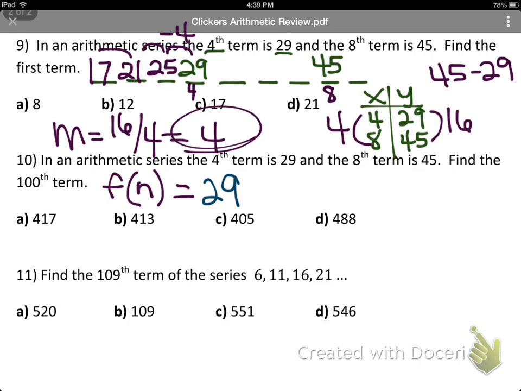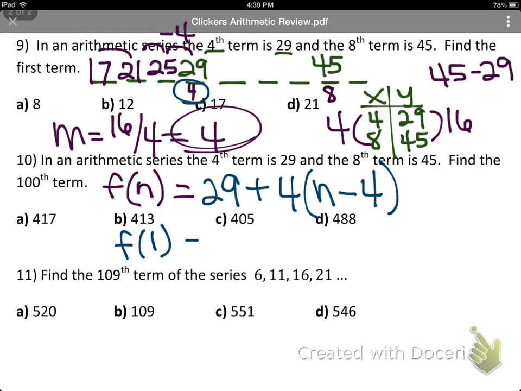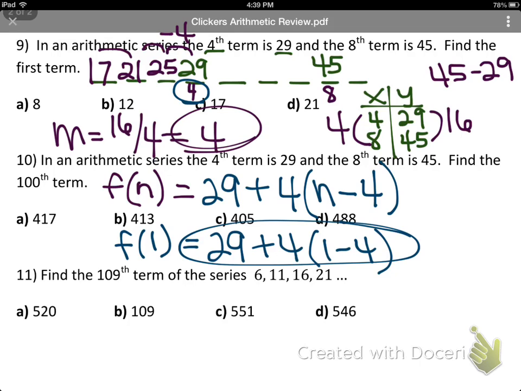If I go 29, then I'm going to add my slope, n minus, I use the fourth term, so I'm going to use minus 4. And then we actually want the first term, so we could plug in 1 to this. And if we type that in or do it in our heads, we end up with the same answer, which is 17, either way you go.